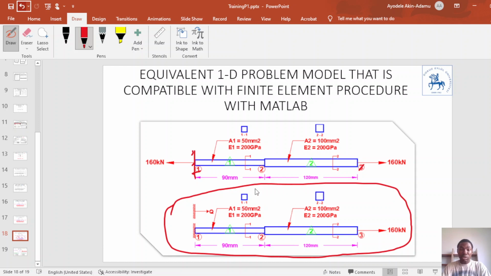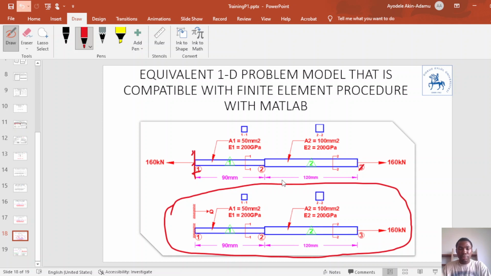I can decide to use more finite elements, but it does not matter. Two finite elements is just enough and appropriate to solve this problem, and it actually gives the exact solution when compared with hand calculation. So there is no need to use more than two finite elements to solve this problem.